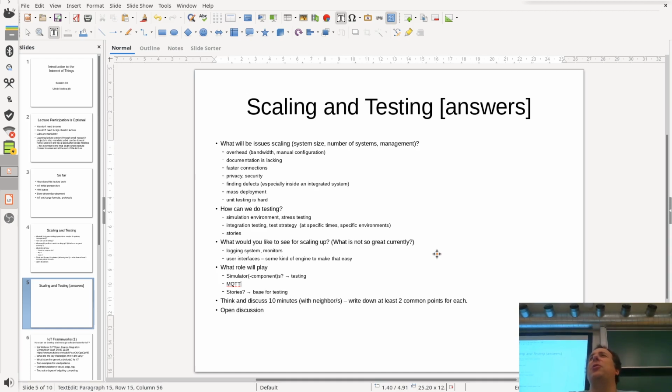MQTT. How can MQTT help you with all this mess? It doesn't.